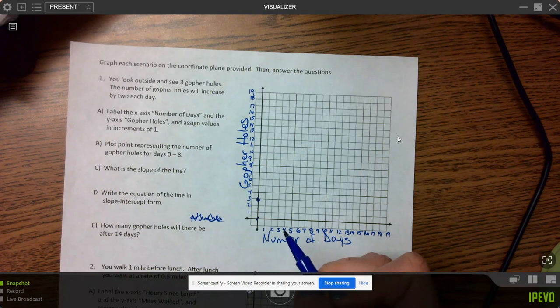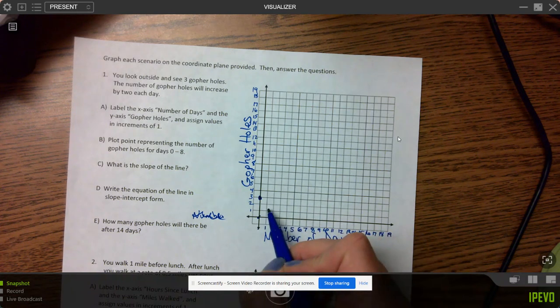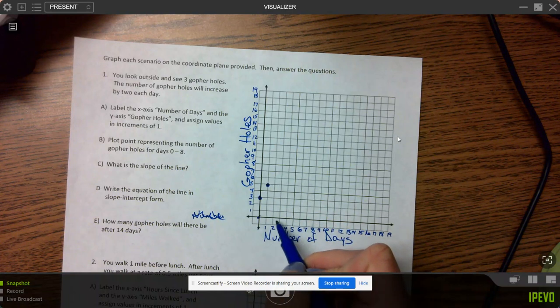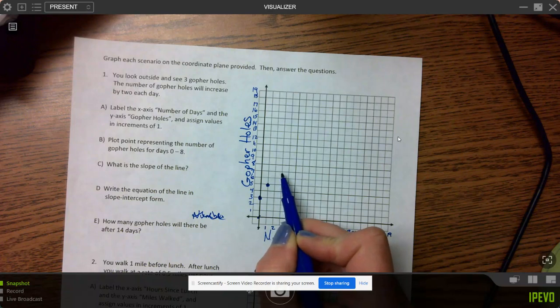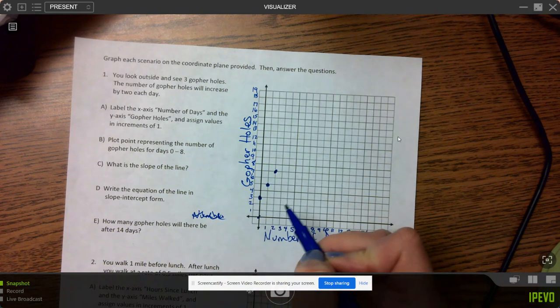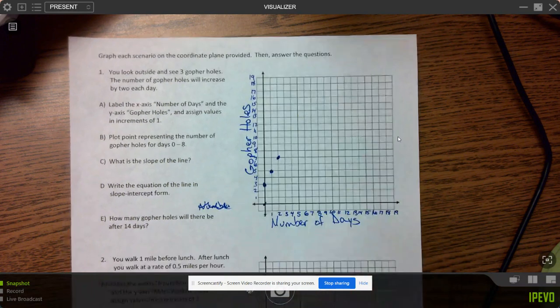And it's going to increase by 2 each day. So our next day, day 1, how many holes are we going to have? 5, because we're increasing it by 2. So on day 2, how many holes are we going to have? 7, because we're increasing by 2. So plot 0 to 8, plot those points on the graph.